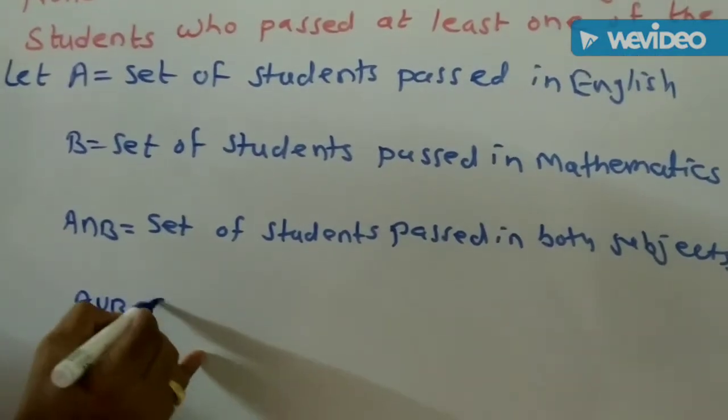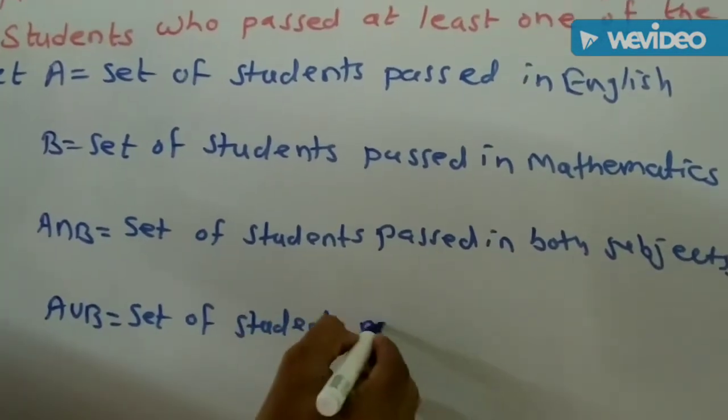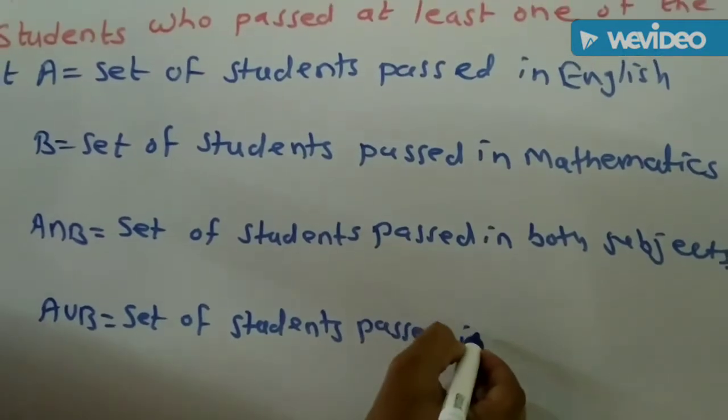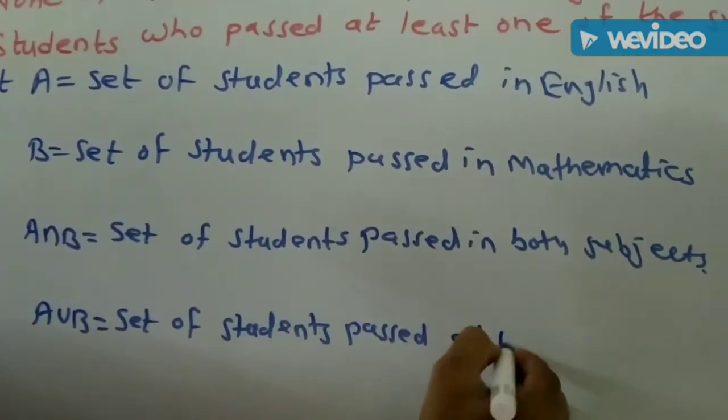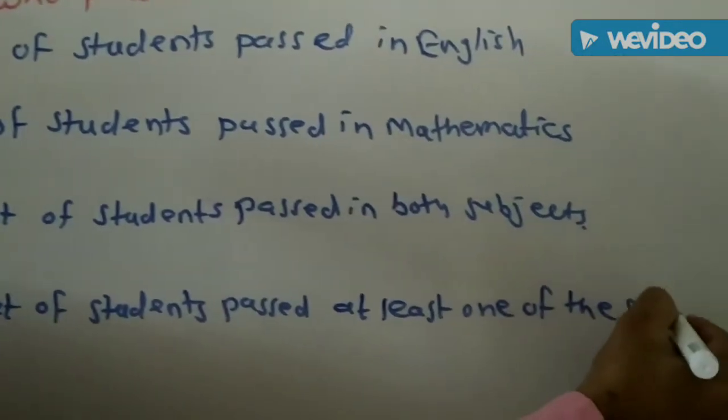A union B is the set of students passed at least one of the subjects.